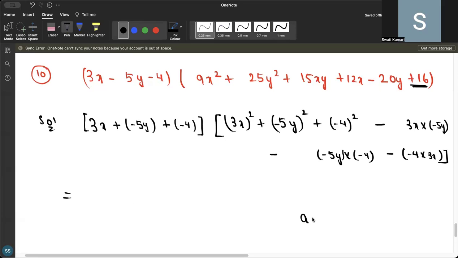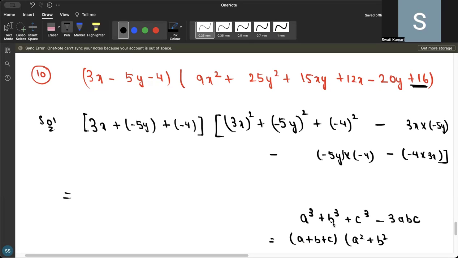Now, this is actually a formula. There is a formula of a cube plus b cube plus c cube minus 3abc. So for this, we have a formula which is called a plus b plus c times a square plus, this is a formula. So, forget about whatever I did here.